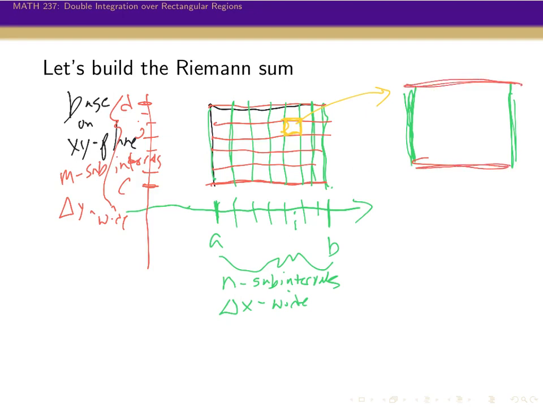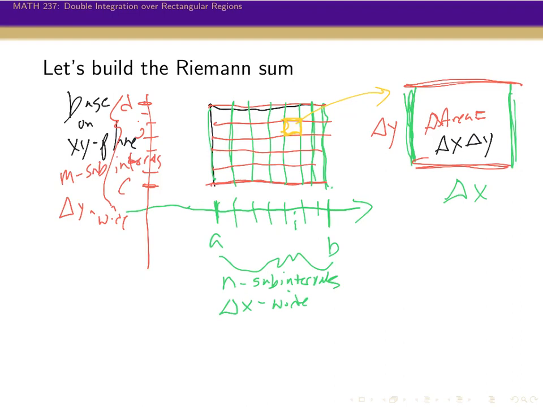So this box is delta x wide, delta y high, and so we have a little bit of area here. Let's call it delta A. Because this is just a rectangle, that area is just going to be delta x times delta y.